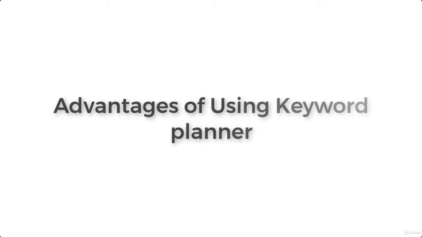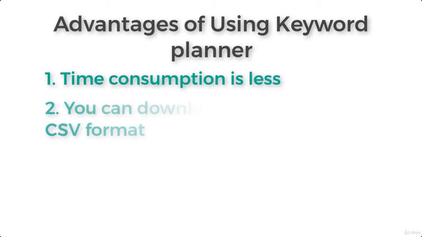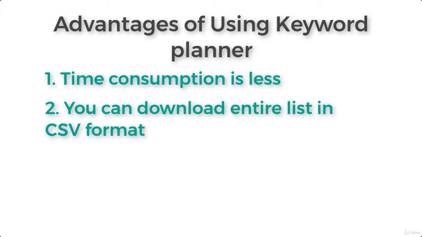There are several advantages in using Keyword Planner compared to the earlier method. 1. Time consumption is less. That is, instead of collecting the keywords from 4 different SEO tools, you're getting keywords from a single tool. 2. Keyword Planner allows you to download the entire keyword list into Excel CSV format.